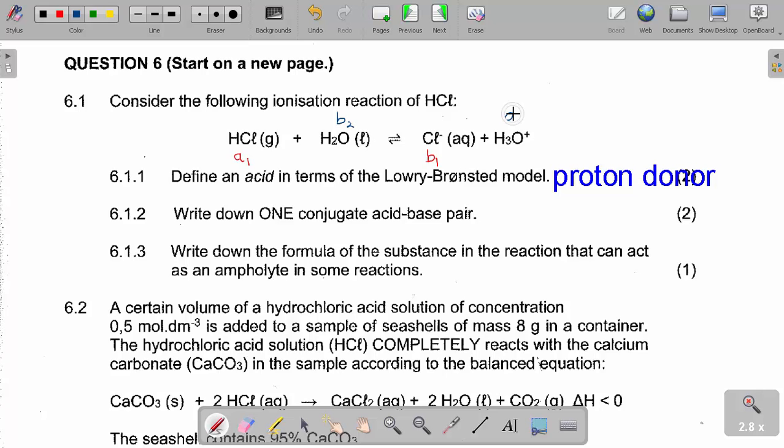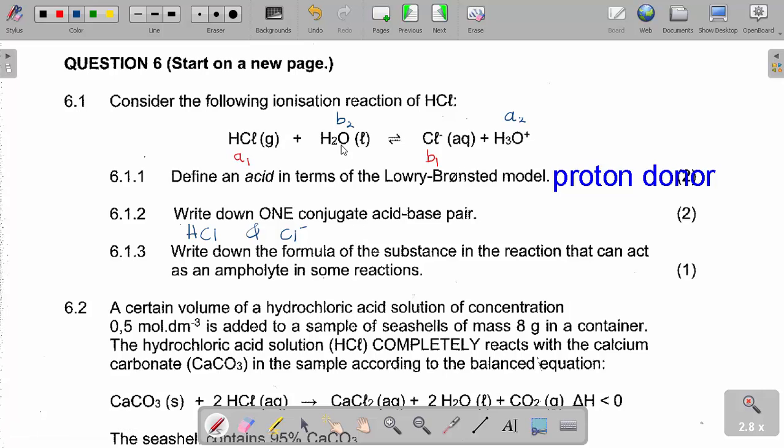So this question says write down the conjugate acid-base pair, which means a learner can write A1 and B1, or they can write B2 and A2. My answer I'm going to say here is HCl and Cl minus. This is my pair, and it's correct.